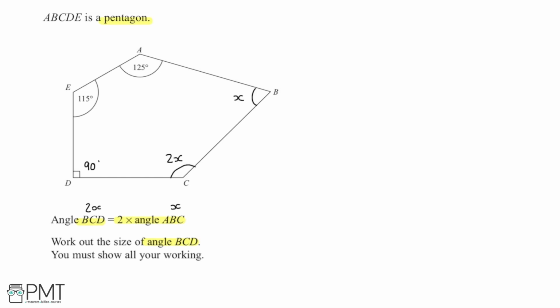Now, working with this, I need to kind of set up some form of an equation with the interior angles and their sum. So if I think back to possibly a formula that I could use, I could think about the sum of the interior angles of a pentagon. It doesn't have to be a regular pentagon to use this. And to find the interior angle sum, I'm just going to use the formula 180 lots of n minus 2.